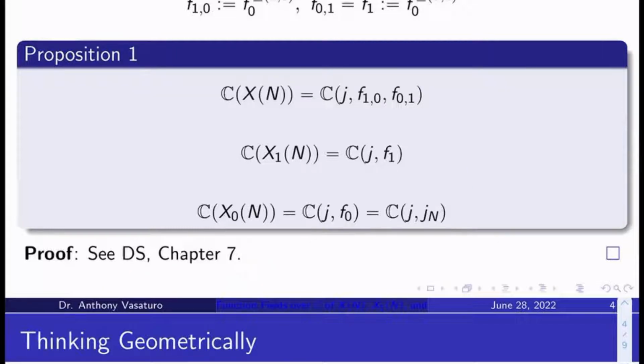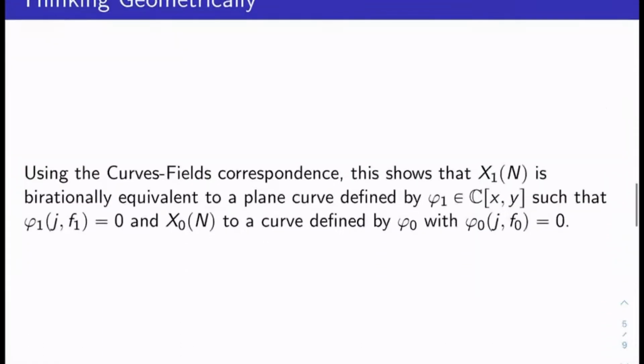In fact, a good reference for this talk in general is almost the entirety of the first several chapters of Diamond and Shurman. The point is, I can very elegantly, in terms of some very understandable functions, describe the function fields over C of all the various modular curves we've just developed. If you want to know what this says geometrically, you can use the curves-fields correspondence that I made a video about.